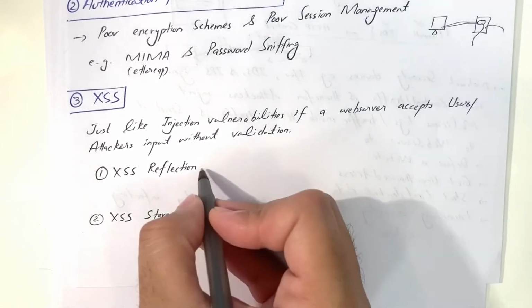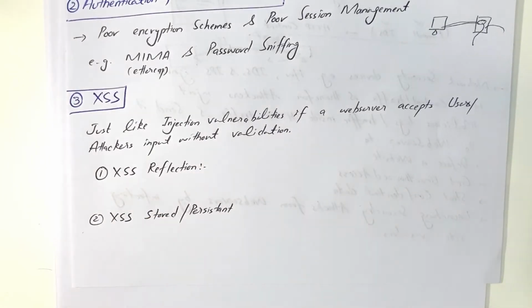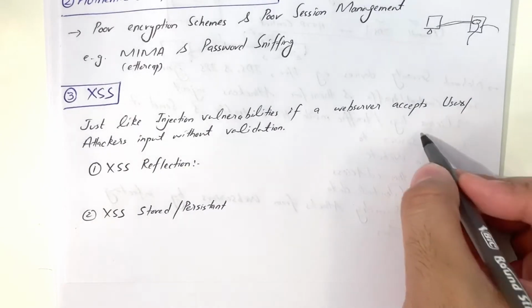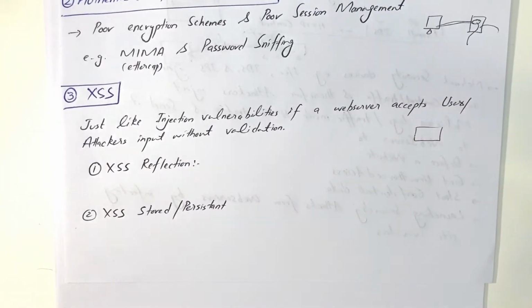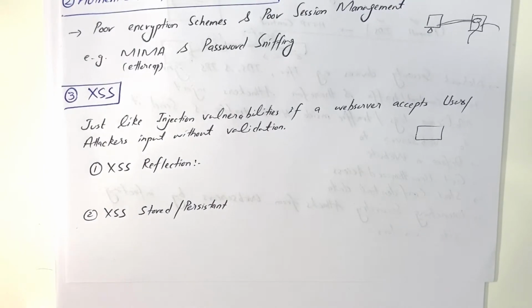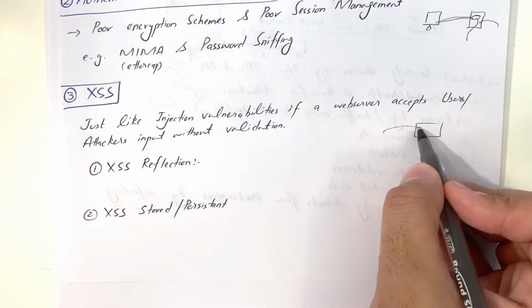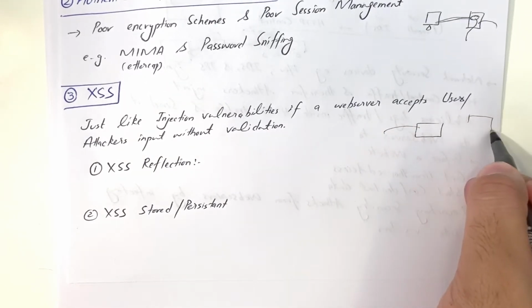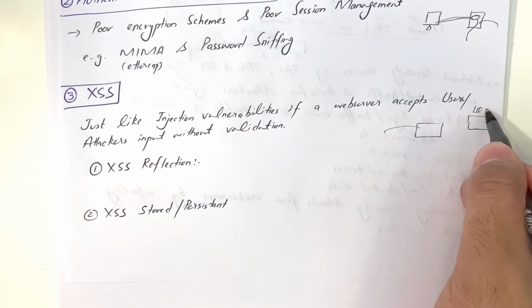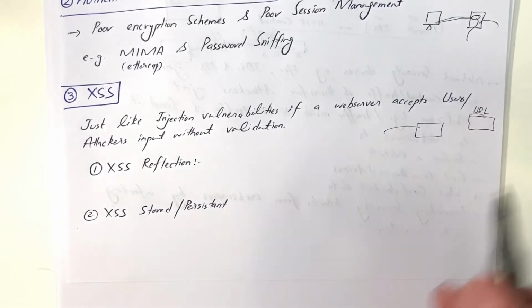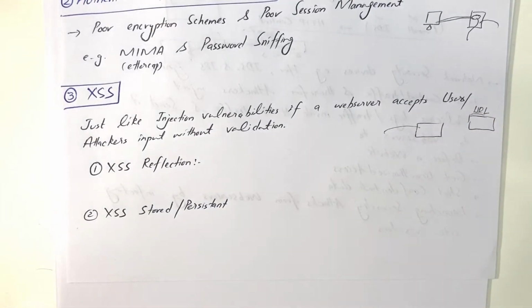So reflection means, for example, let's say an attacker has identified a website that is vulnerable. Let's say this is a website which is vulnerable to cross-site scripting, and as you might know, most of the blogging websites are vulnerable to cross-site scripting. Let's say the attacker has already crafted his fraudulent website. This is a fake website installed or run by the attacker.